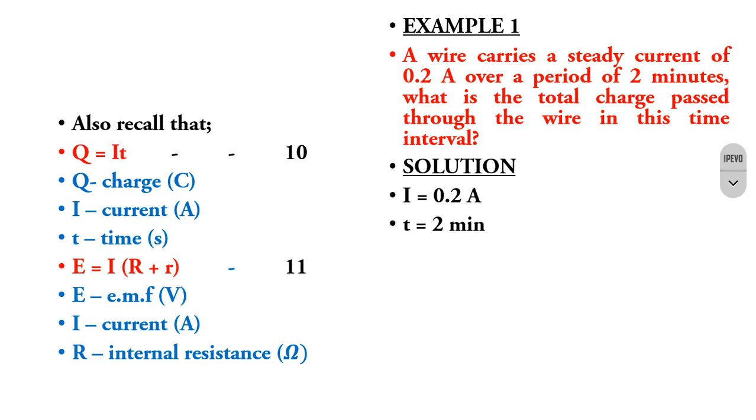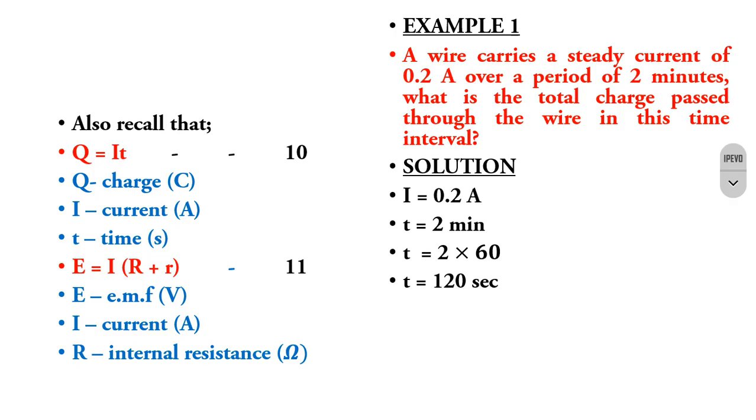You get a wrong answer. You have to convert that to seconds. So you observe the unit. Now, converting from 2 minutes to seconds, you multiply by 60, and you get 120 seconds. So I've done the conversion.